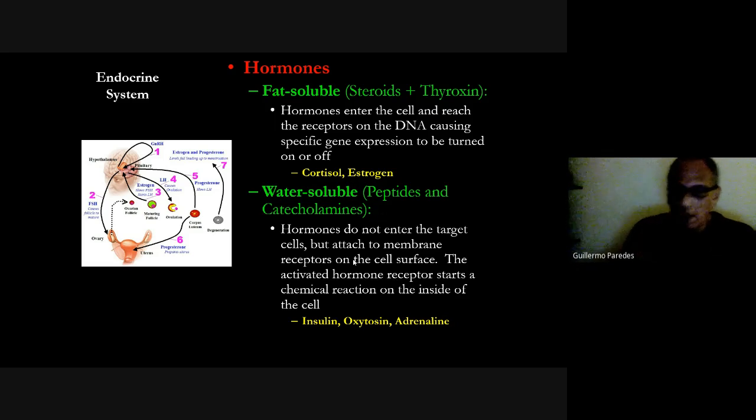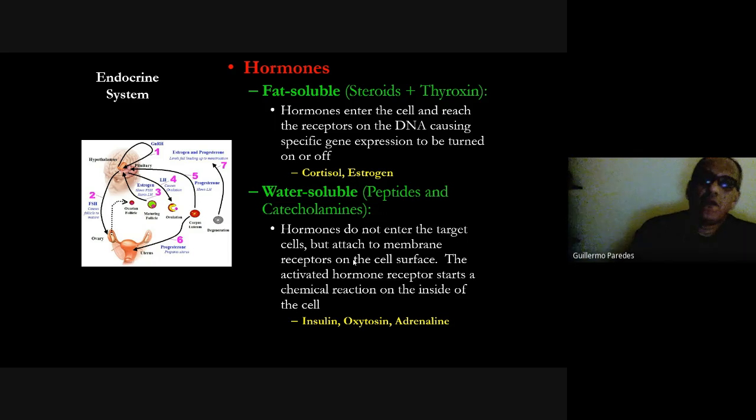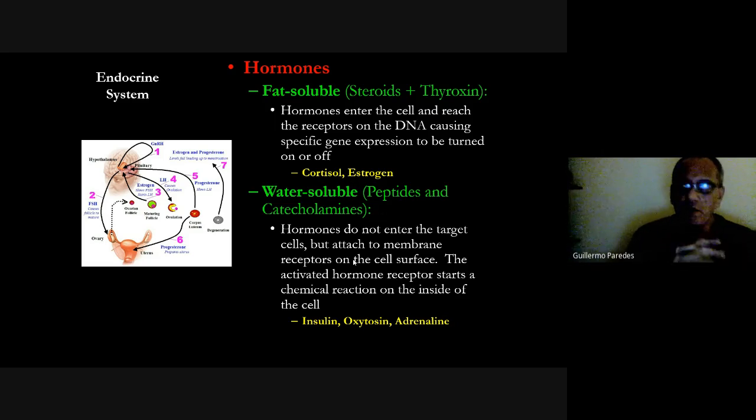All right. So for this slide, what I want you to remember is this. The majority of hormones have a specific target and are going to be made from proteins. Some of them, not the majority, a small percentage but not the less important, are going to be formed from fat.